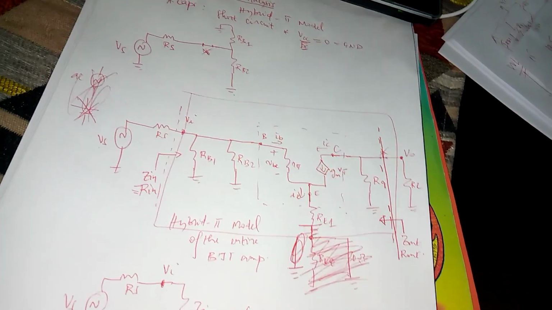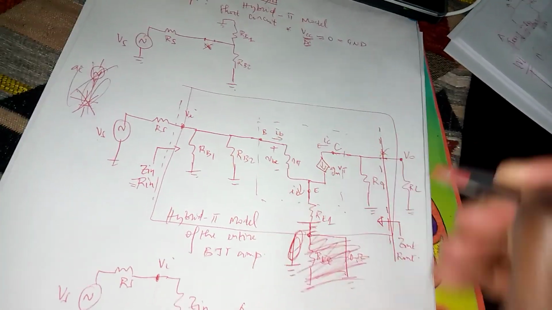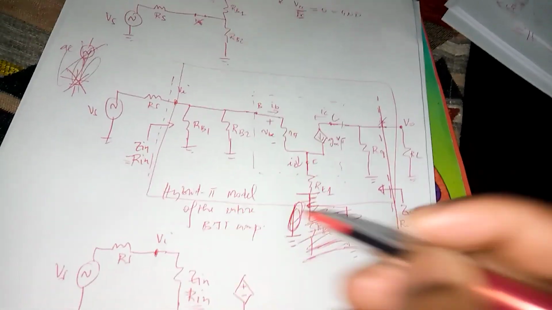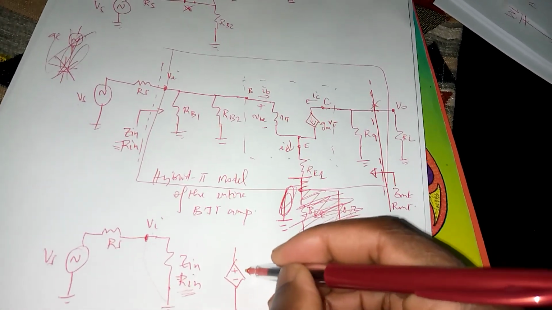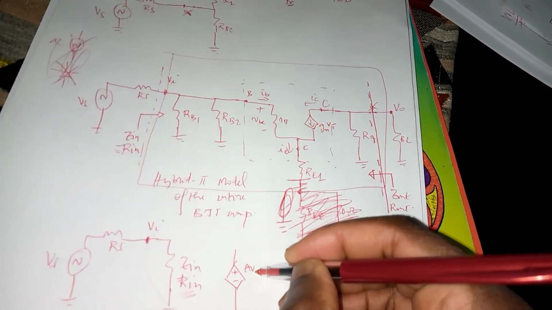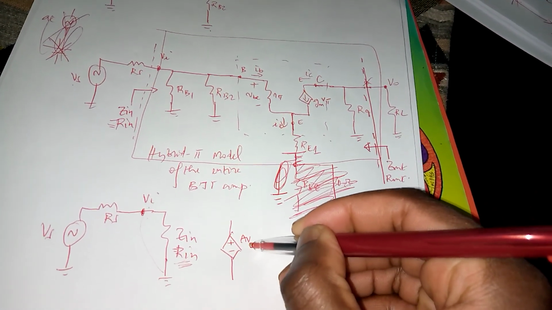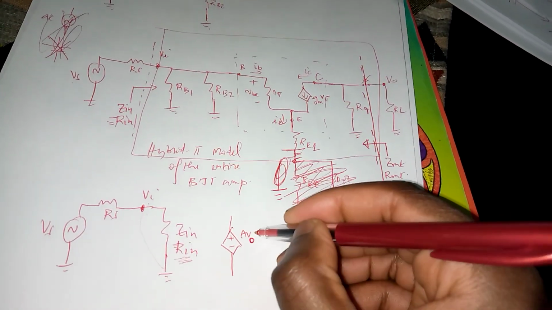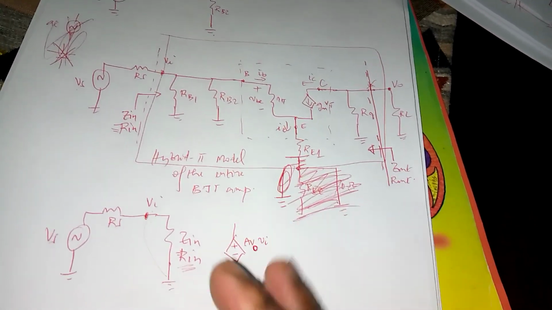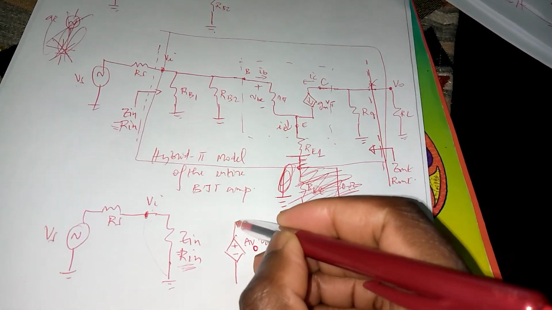So at the end of the day, you also get Vout there. As you move from Vi to Vout, you get a certain gain that we call Avo, or open loop gain, multiplied by Vi. So that's what you get on the output side.